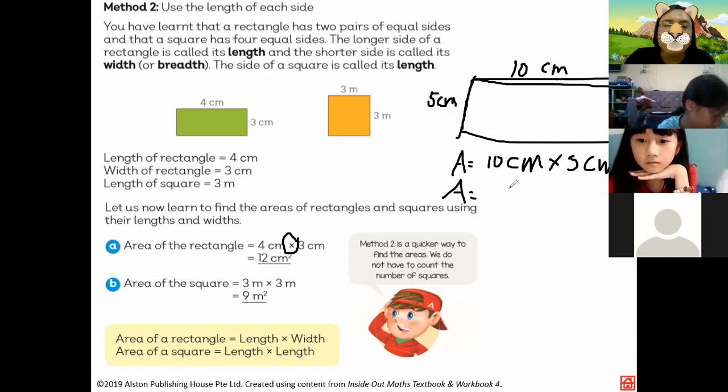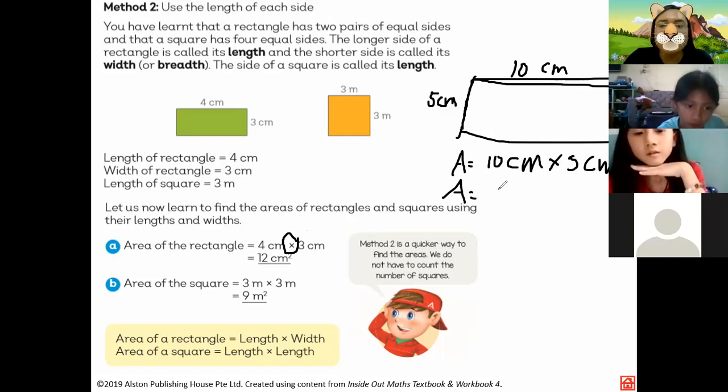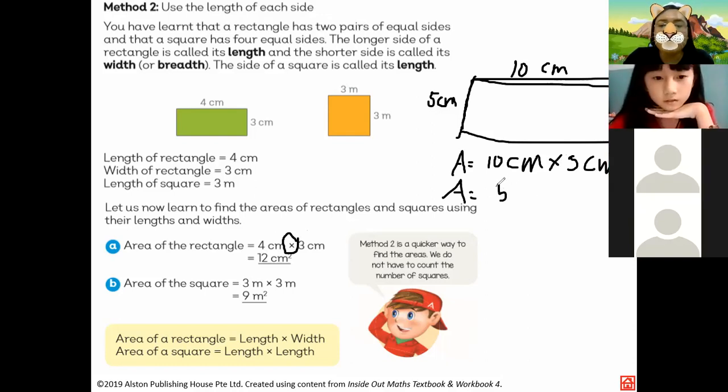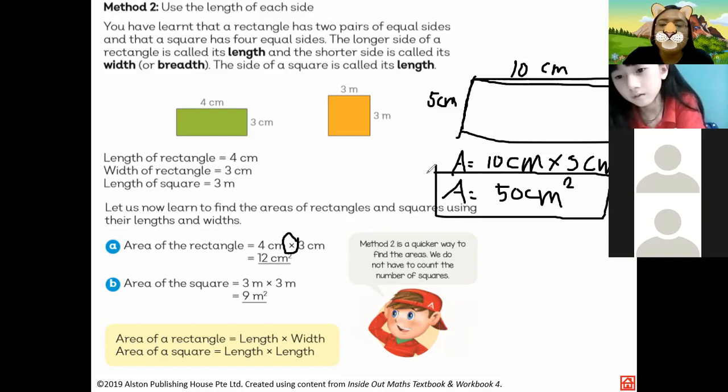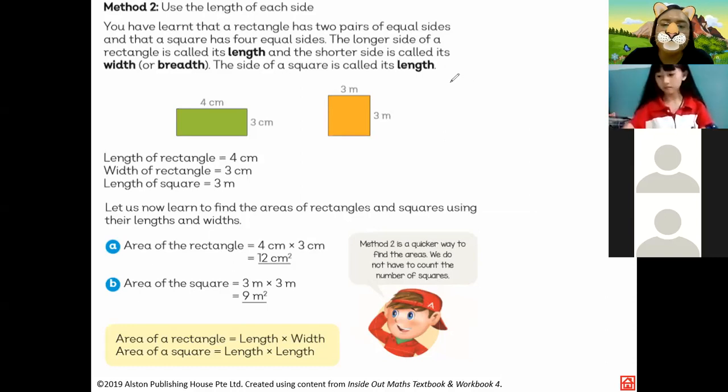What is the area of this rectangle? 50. So 50 meters squared. Okay, you just have to multiply. All right, another example.